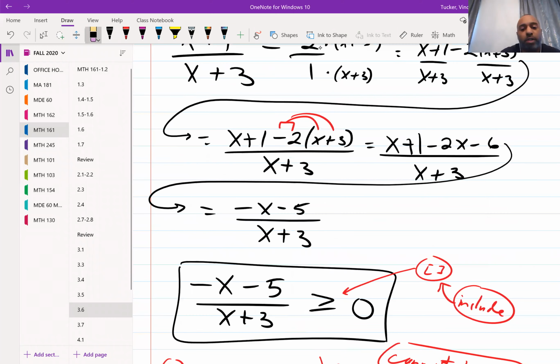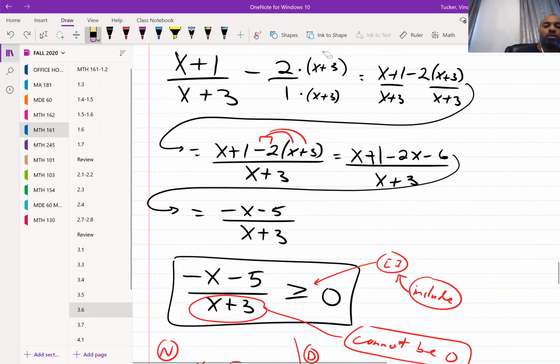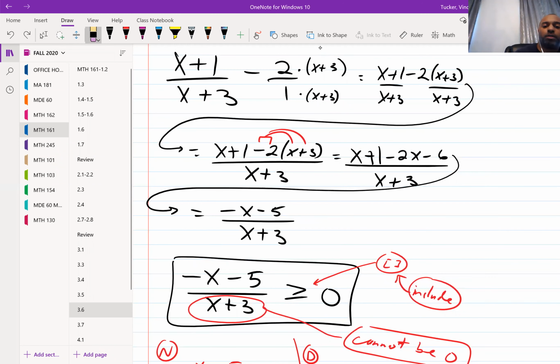So our new expression is (-x - 5)/(x + 3) greater than or equal to 0.